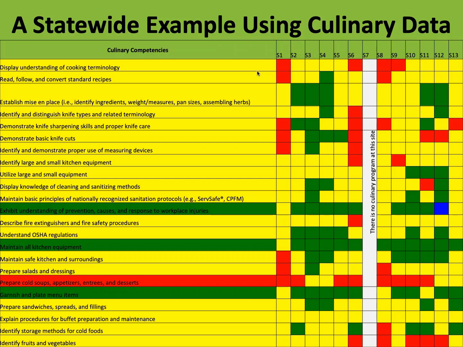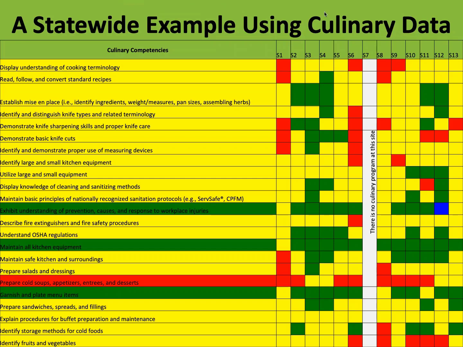The colors signify ranges of percentages. So in the case of the red, I apologize, there's not a legend here, but in the case of the red, those are areas where 50% or less of the students at that particular school did well on a particular competency.